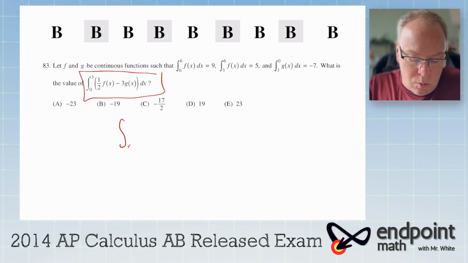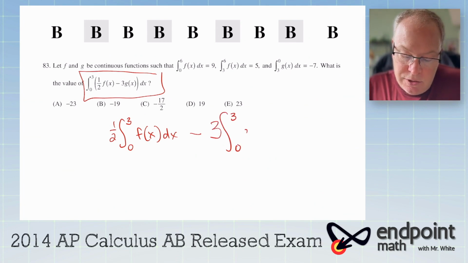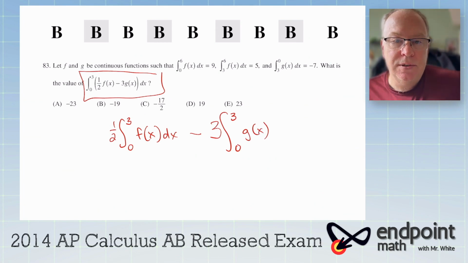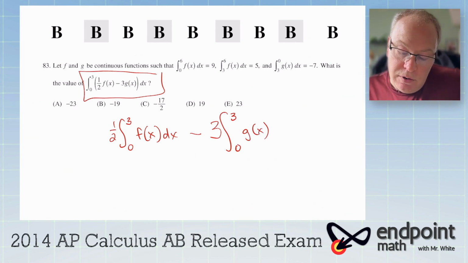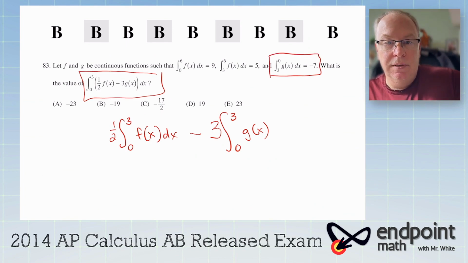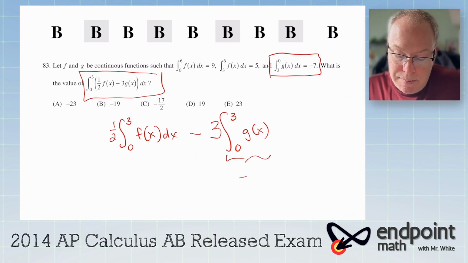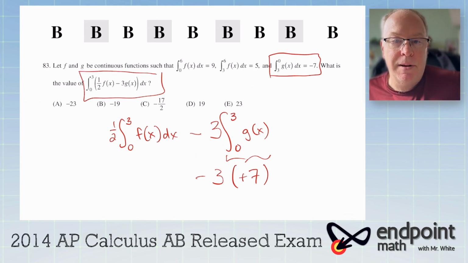So it looks like we're going to need to figure out this and then subtract 3 times the same bounds on g. Does that make sense? Now, 0 to 3 on g, let's start there. They gave us 3 to 0. So what is this equal? This would be positive 7. Because the bounds are reversed, you just change it to positive.